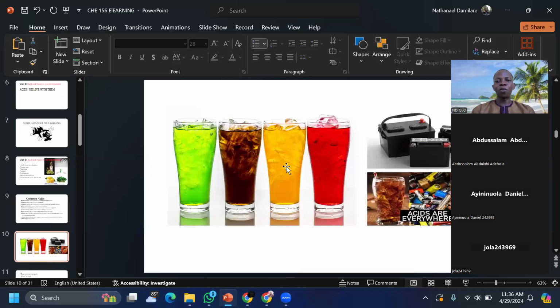So you can have some of these fizzy drinks, some of these carbonated drinks. They are rich in acid. The car battery, you can see the picture there. That's car battery. We have the electrolyte there is an acid. And then when you see rusting materials around you, maybe some metals that have undergone rusting, those metals are undergoing rusting due to the environment, and acids facilitate the rate of rusting.